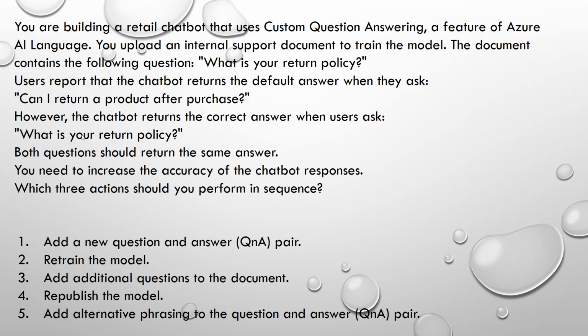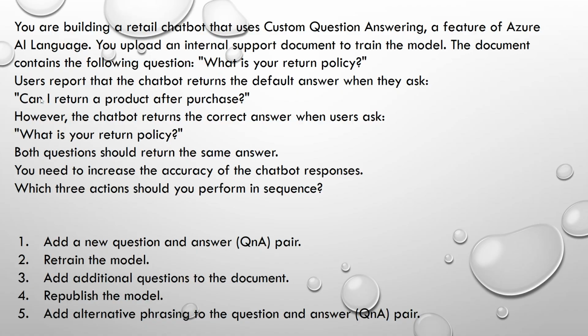But another user is asking, can I return a product after purchase? So the intent of both the questions is the same, but the model is not able to understand it. The model is not able to understand that both the questions should be provided with the same answer, or that the intent of the questions is the same.